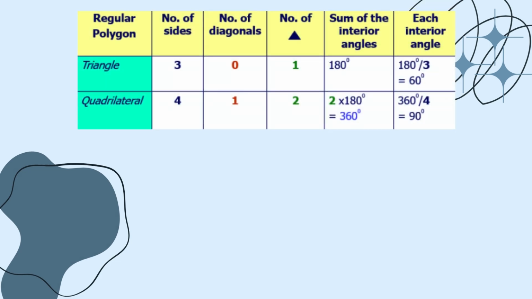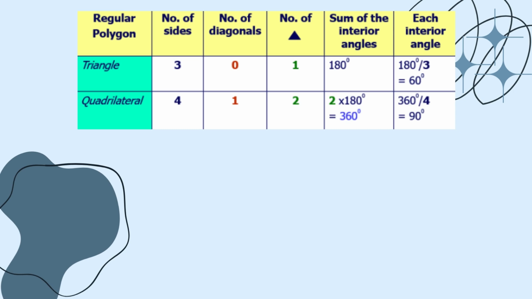Second, we have the quadrilateral. It has 4 sides, 1 diagonal, and 2 triangles. The reason we got 2 triangles is that if we draw a diagonal on a quadrilateral, it results in 2 triangles.